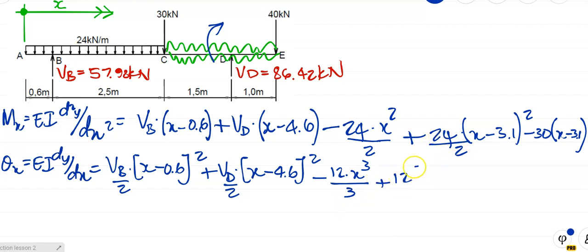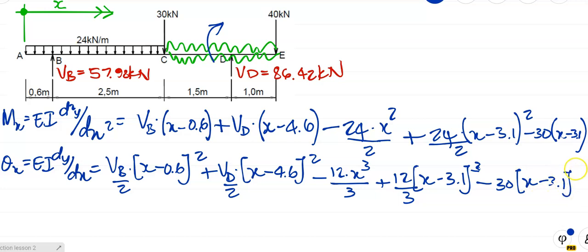So it'll be 12 times, keep that a square bracket, x minus 3.1, cubed over 3. Okay. Minus 30 times x minus 3.1 squared over 2. And of course, out of that will come a constant of integration, so it will be plus C1. Okay, you need to know your maths here.